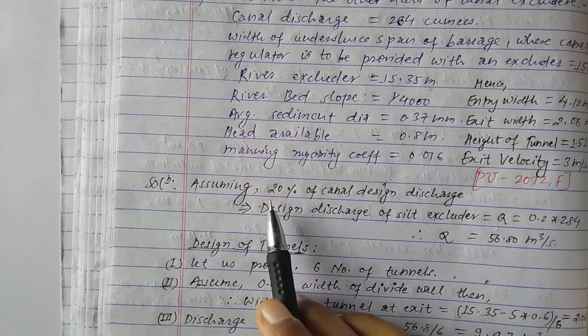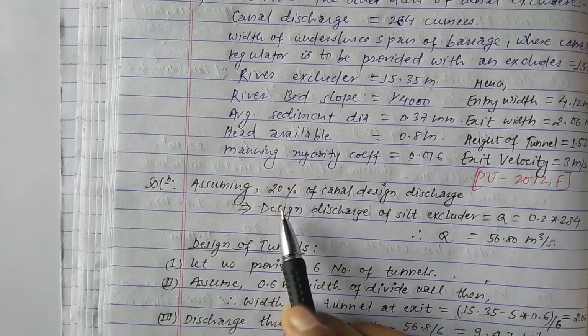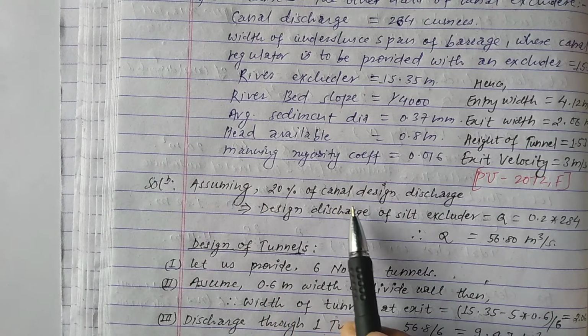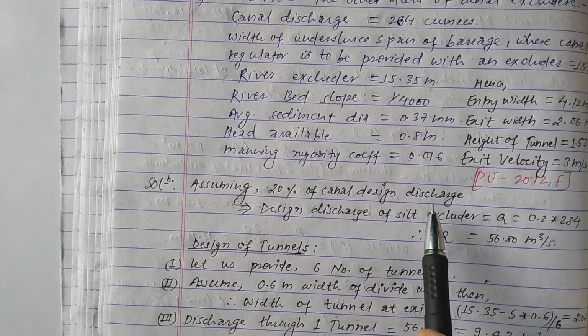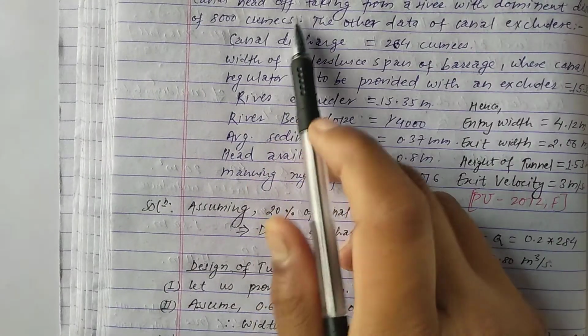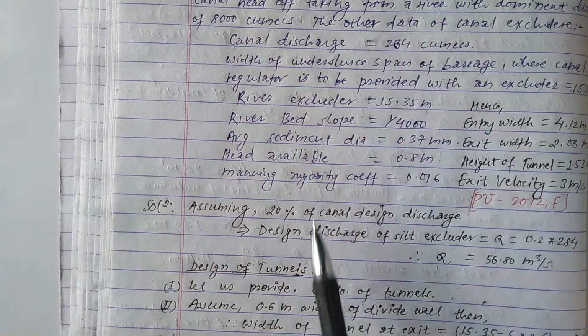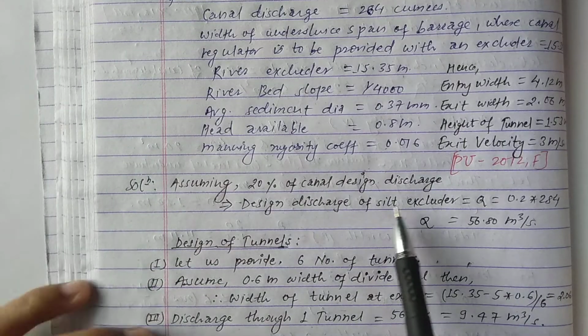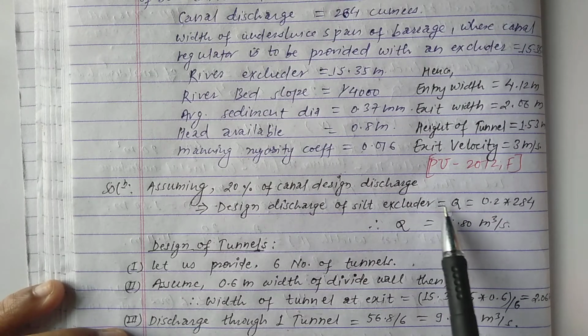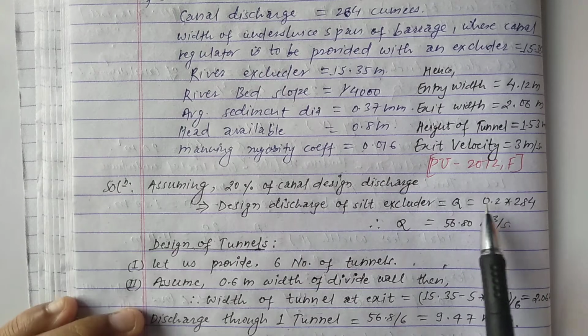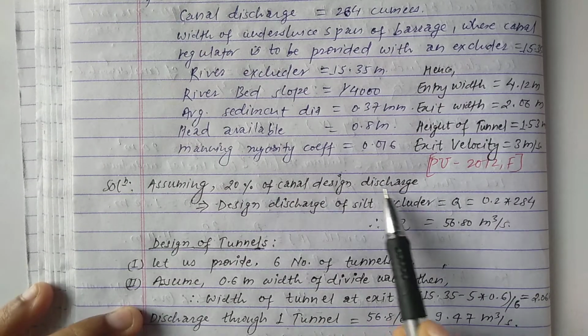As we already discussed in the previous video, we have to take 20% of the canal design discharge for the discharge of the sediment excluder. Okay, so the design discharge of a silt excluder is taken as 20% of the canal discharge.